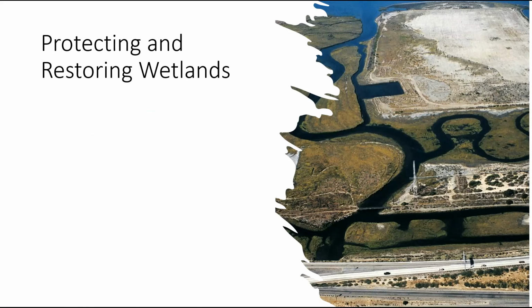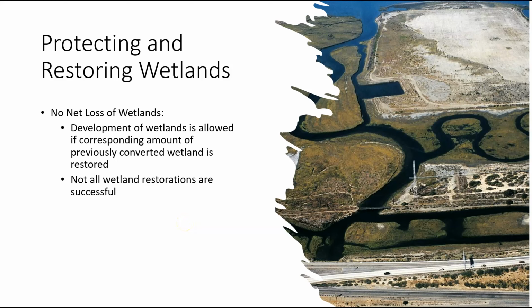Okay, so because wetlands have been discovered to be so important and so effective at providing some of these essential ecosystem services, there is legislation in place to help protect them in the U.S. at least. All right. So kind of the basic policy for wetlands in the U.S. is there's supposed to be a no net loss policy.